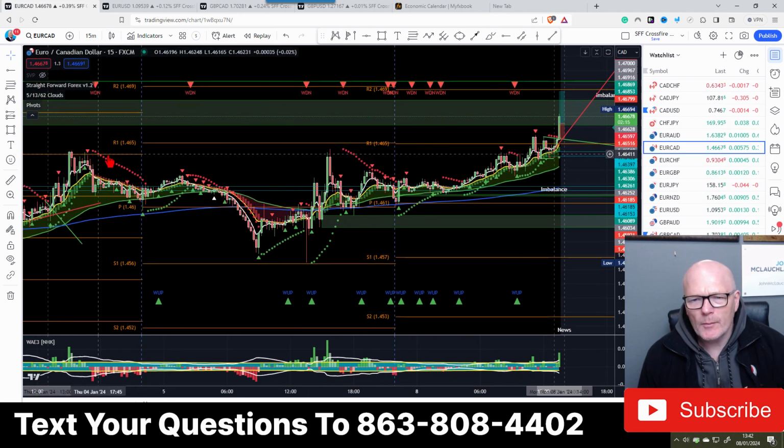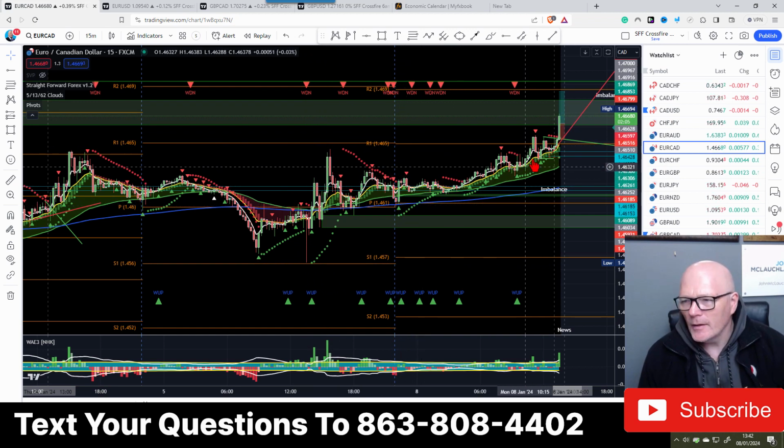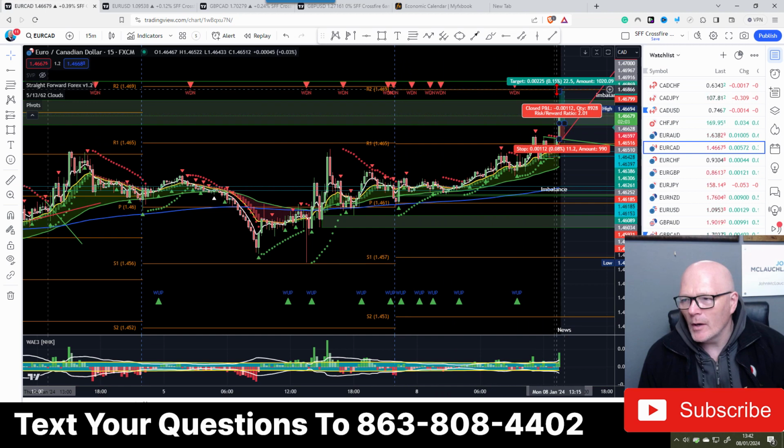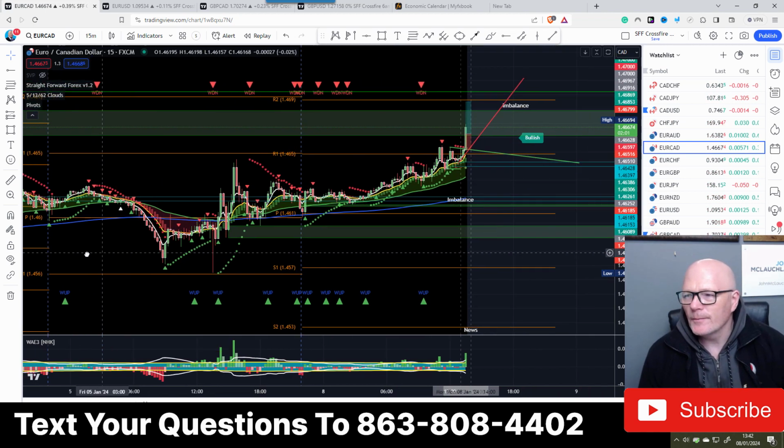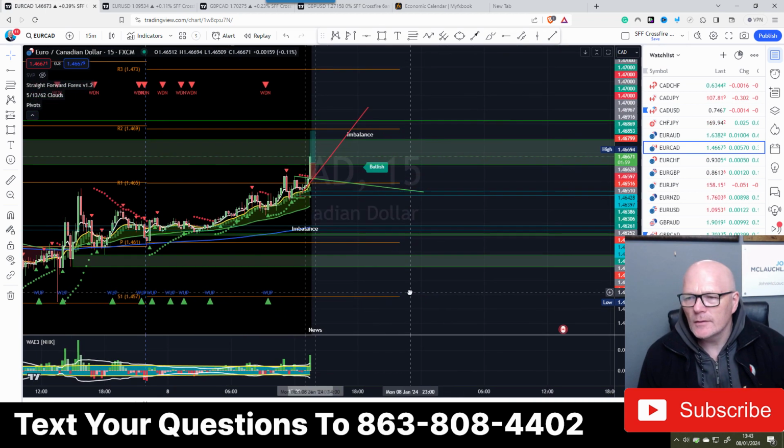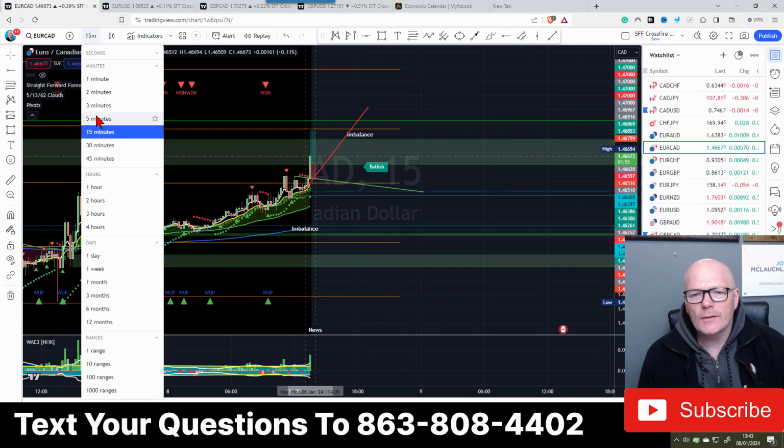So you've got price at the pivot point. It comes down back to this pivot point, back up, almost touches this pivot point. It comes down to the pivot point and then back up to this pivot point. It may well go back up to this one. But we'll see what happens. Put it back on for 2 minutes.